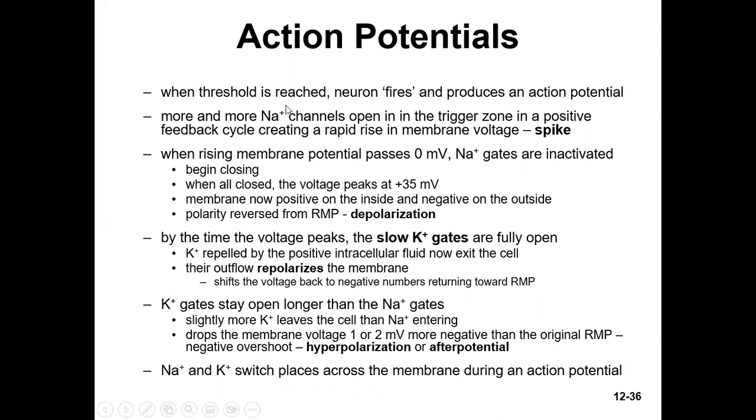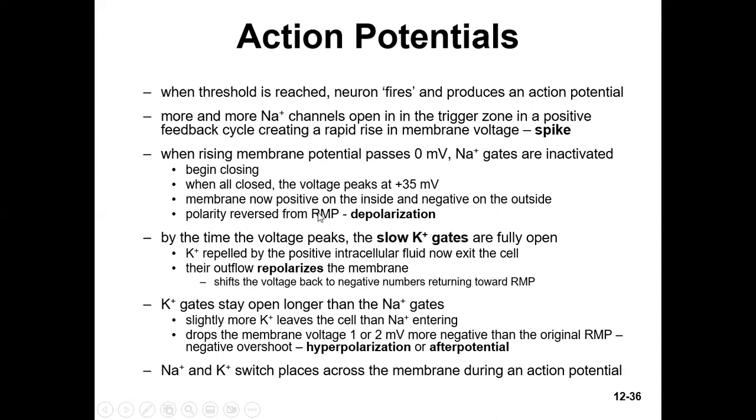More and more sodium channels then will respond by opening in the trigger zone in a positive feedback cycle, which will create a rapid rise in the membrane voltage, or what we would call a spike. When the rising membrane potential passes zero, the sodium gates are inactivated and they'll start to close. When they're all closed, the voltage will peak at about positive 35 millivolts. The membrane is now positive on the inside and negative on the outside.